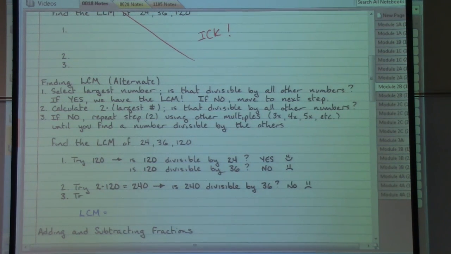So instead of 2 times the 120, we will try 3 times the 120. That gives us 360. Well, we need to worry about is 360 divisible by both of the other numbers.